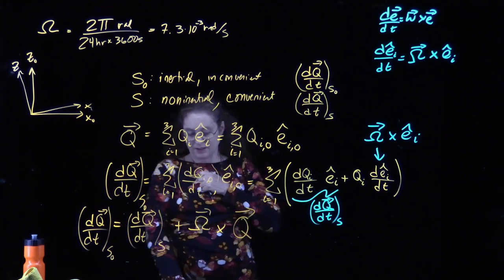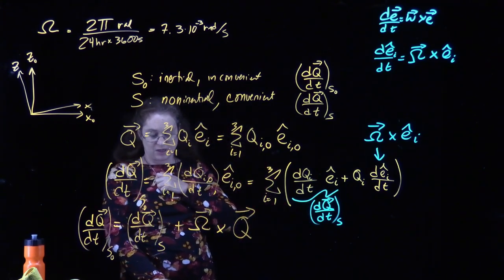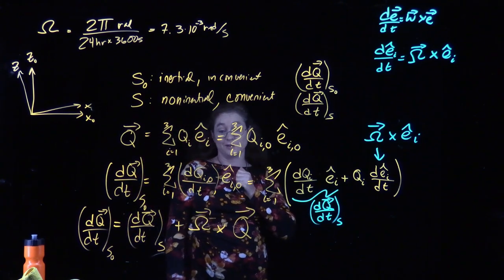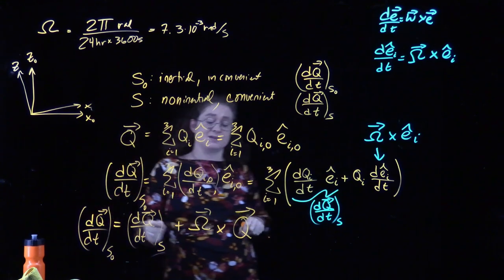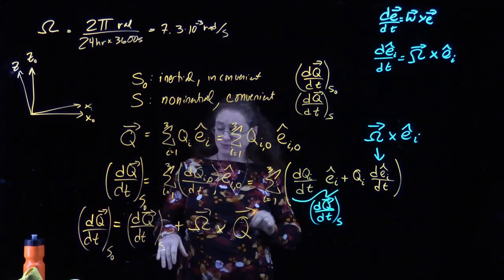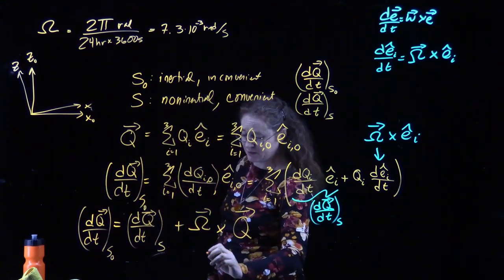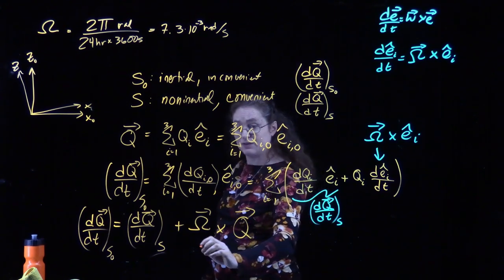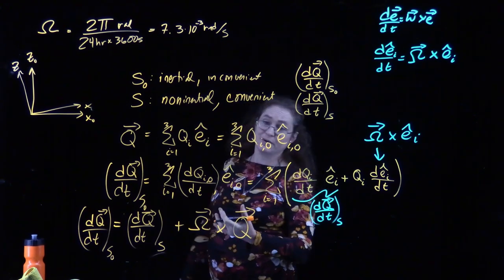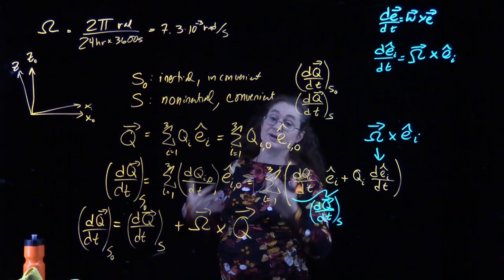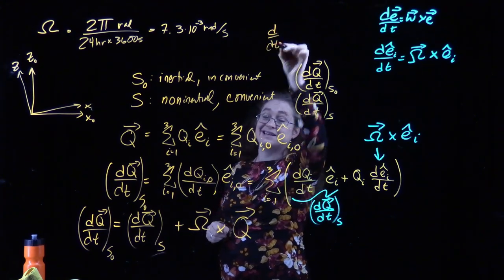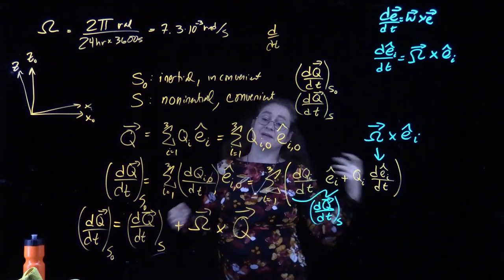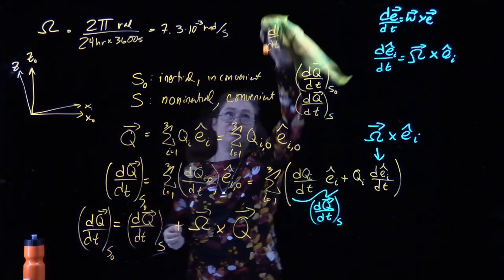At this point in your studies, at least if you had me for your previous classes, and most of you did not, you have at least been introduced to the concept of an operator. And I want you to think of this as an operator, like a derivative operator. It acts on something. The operator d dt acts on something and means that you take the time derivative of that.